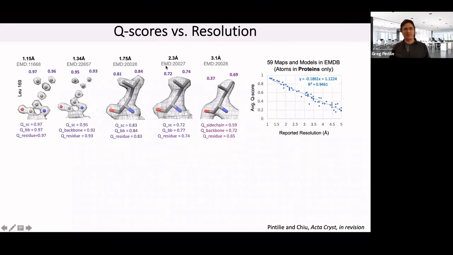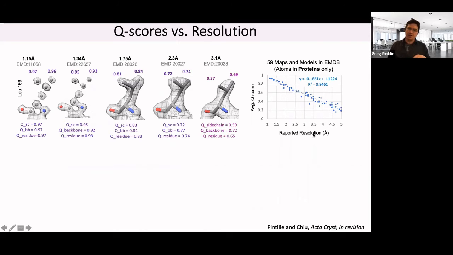So this can give us a rough indication of basically how well atoms are resolved. Now, another thing we did was to take a number of maps and models from the EMDB and calculate Q-scores for all of the atoms in the model, and then plot the average Q-score as a function of the reported resolution.